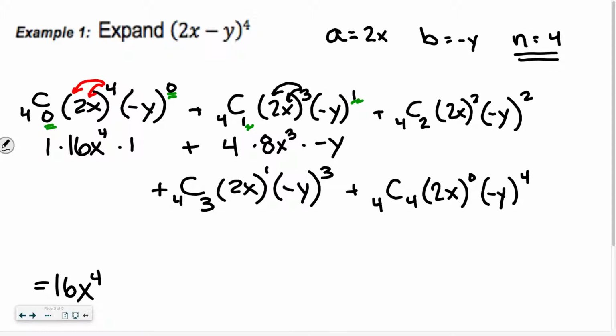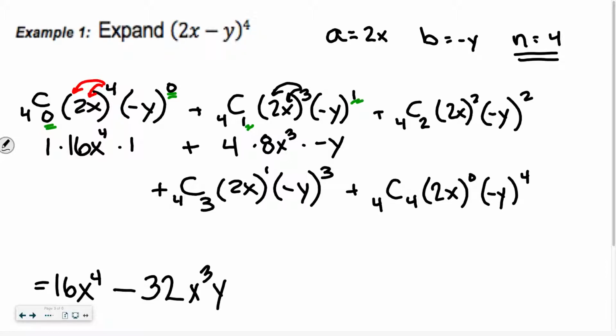They wrote minus y. That's not minus y. That's times a negative. So when I take a positive times a negative, it's going to be a negative. 4 times 8 is 32. X cubed times y looks like that. Notice my minus should not be in front of the y or it will look like subtraction, not multiplication. Those things are getting multiplied.